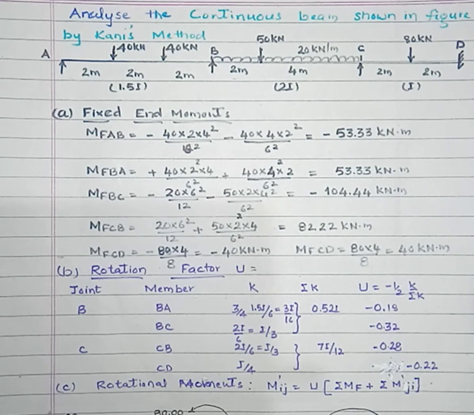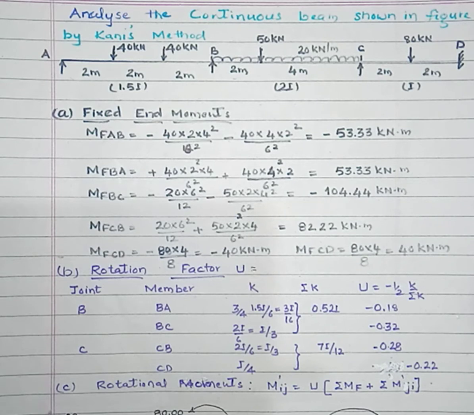Similarly, for M dash CD, the rotational factor is minus 0.22. Inside of the bracket, sum of the fixed end moment 42.22 plus far end rotational moment, far end is B, that is 7.8208, plus from D, that is 0.